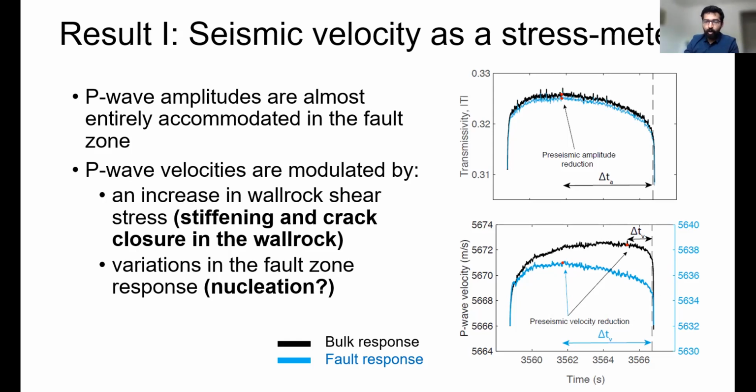And so probably as the stress increases, the cracks in the wallrock are elastically closing in our experiments, and the bulk system is stiffening. So this is why I say the seismic velocity in this case is acting as a stress meter. And so this still leaves us with an outstanding question about the origin of the P wave signature in the fault zone itself. So why is the shape of the P wave amplitude and velocity of the fault the way it is?